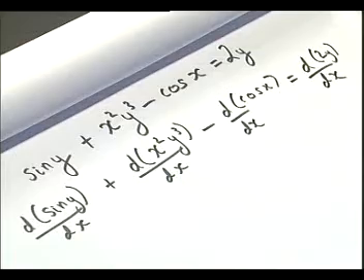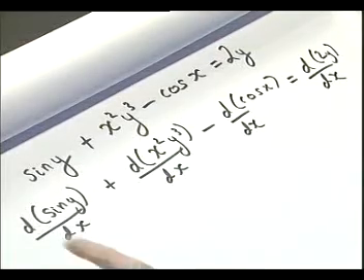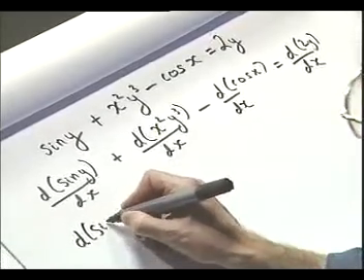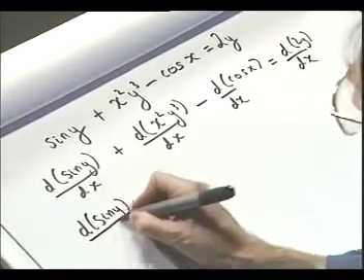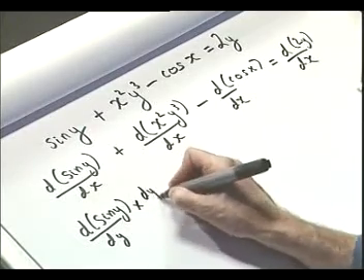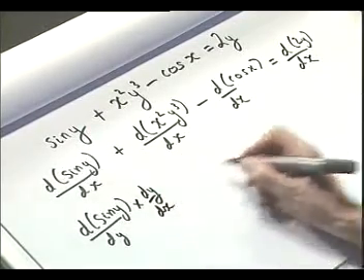Now let's remember what our function of a function rule tells us, that this is done as the derivative of sine y with respect to y times dy by dx.